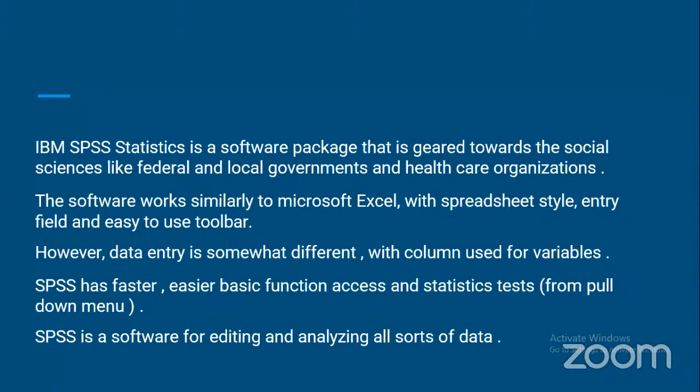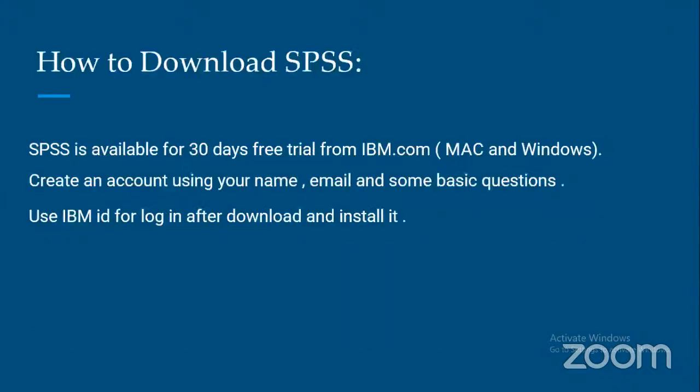It was used for behavioral science like psychology and social human services, but it's also used in different fields of statistics. The software works similar to Microsoft Excel with a spreadsheet style, entry field, and easy to use toolbar. SPSS is software for editing and analyzing all sorts of data.